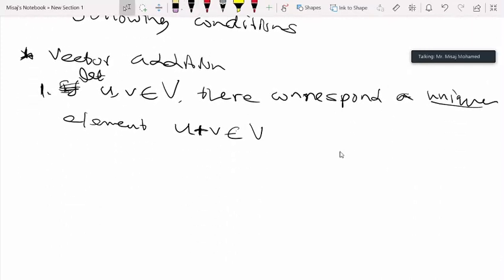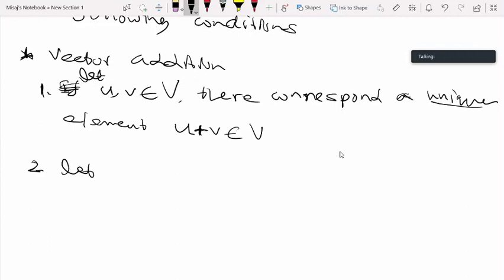Is it clear? The second condition. So this is a very, very important part in linear algebra. As matrices, everything depends on this. So carefully listen to this.